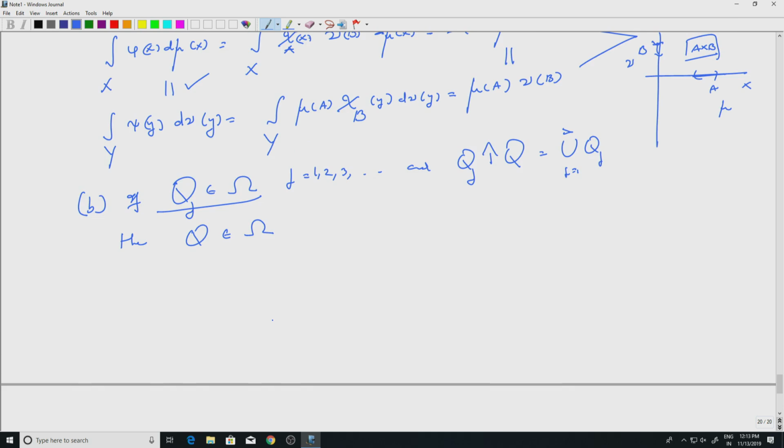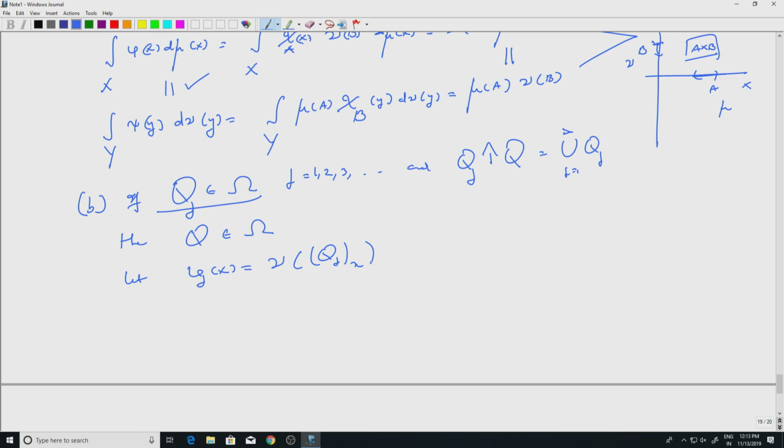Okay. So, first we prove that omega is closed under increasing limit. Let phi j of x be nu of Qj sub x, right.